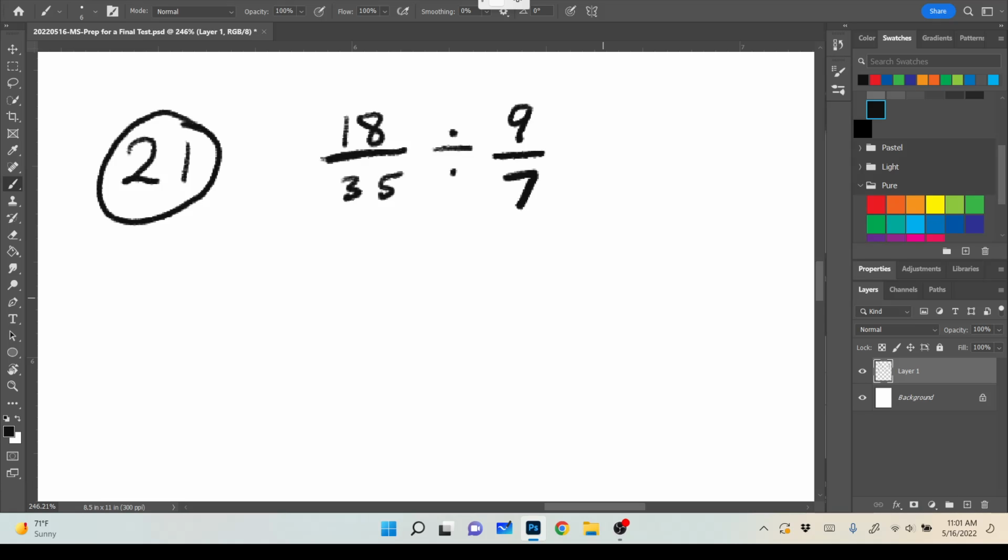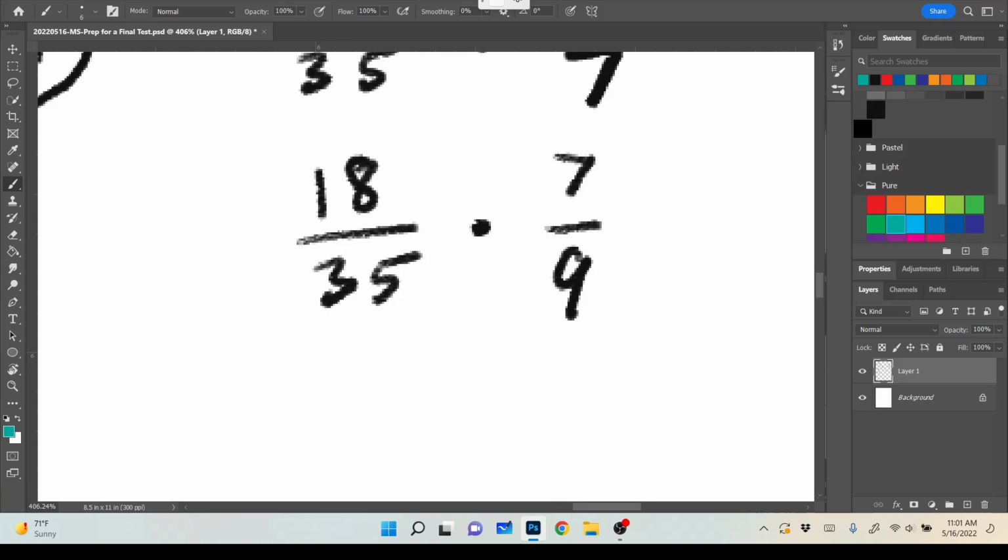Yep, flip which one? Yep, the second one. You are totally correct, sir. Good job. 18/35 times 7/9. Now what should we do? We should absolutely attempt to pre-reduce. Can we do so? Maybe.